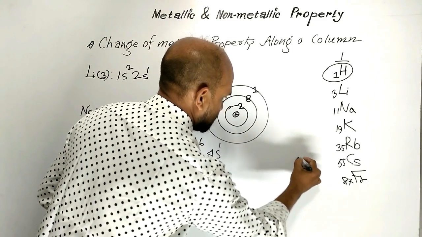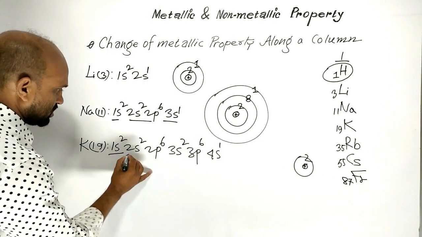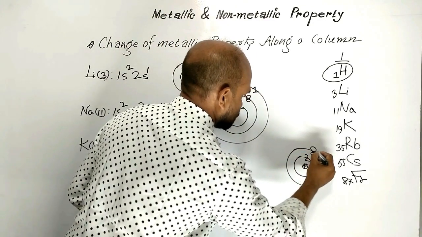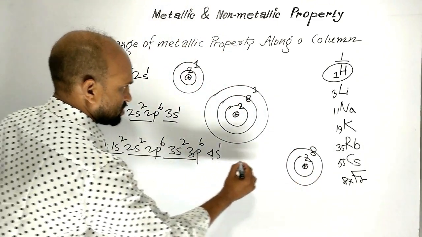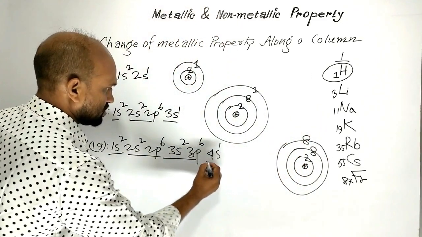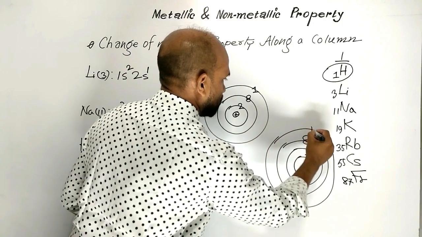Nucleus. First level contains 2 electrons. Second energy level contains 8 electrons. Third energy level contains 8 electrons. And fourth energy level contains 1 electron.